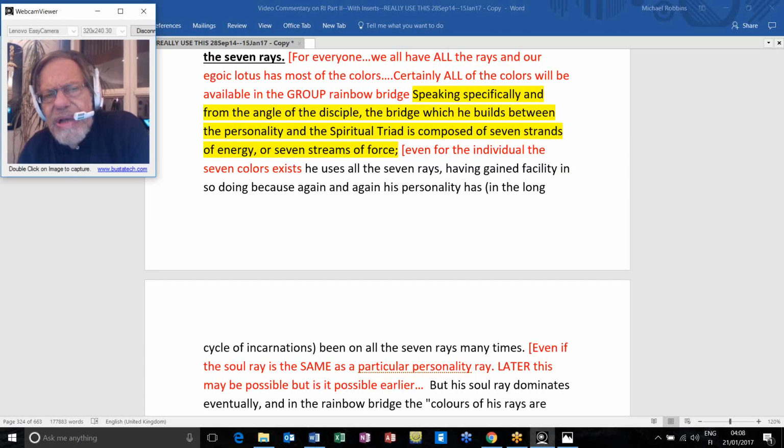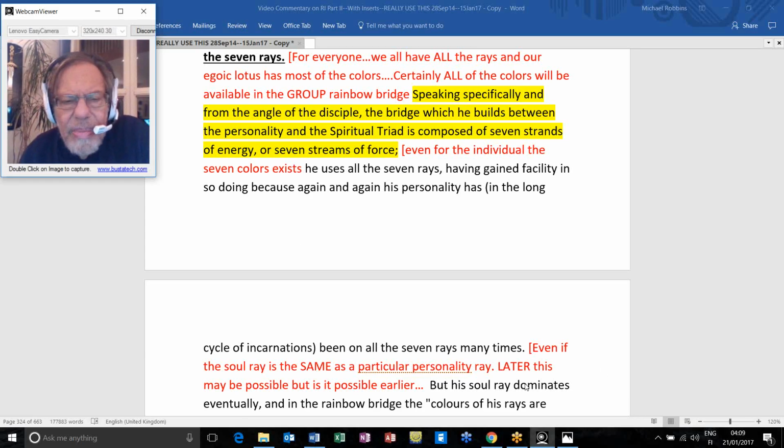But usually it seems to me this happens when balance has been achieved a little bit later in the day. So you kind of wonder whether in this long cycle of incarnations, the particular personality which is the same as his soul ray has occurred many times, or whether we have to wait until later and for further development before this happens. All right, that's going to be one of those questions left up in the air for the moment.